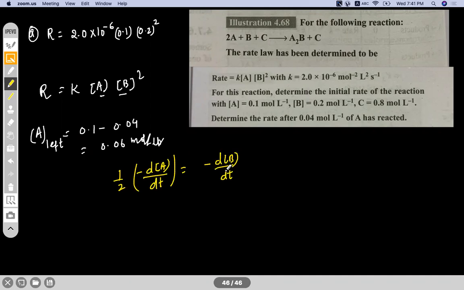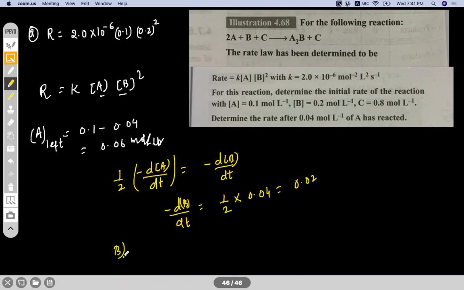So the B that reacts here, minus dB by dt, is equal to half of the concentration change in A, which is 0.04 because that is the amount of A that has reacted. So it is 0.02.